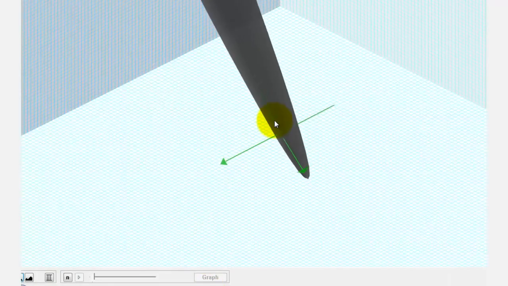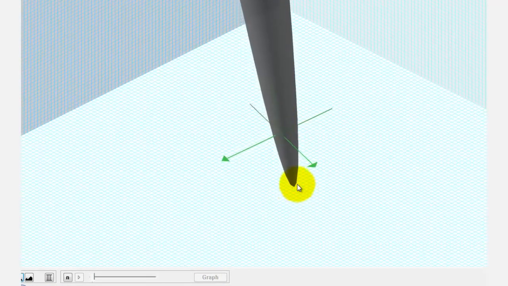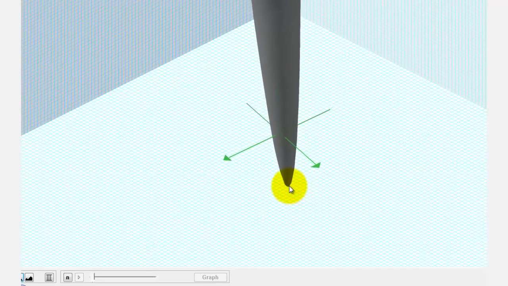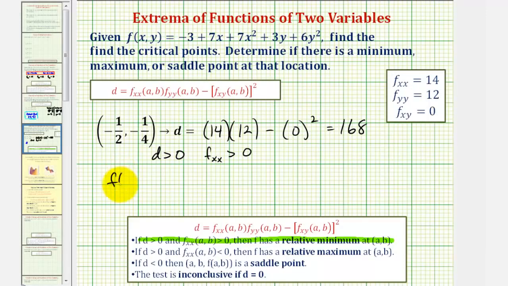Here it is. Not only do we have a relative minimum down here, we actually have an absolute minimum, which is why the directions state whether we have a minimum, maximum, or saddle point. So we can say f of x comma y has a minimum at the point negative 1/2 comma negative 1/4.